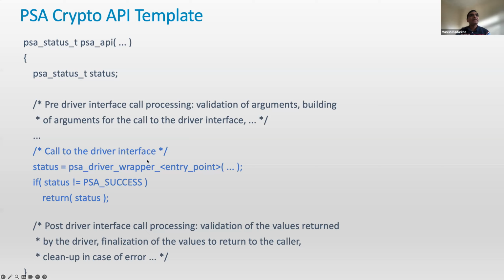Then we call the PSA driver interface, which has this kind of nomenclature. I will go through what exactly this means in the next slide. Then it will do all the cleanup operations once the task is over. So suppose you want to do a hash calculation, then all the hash parameters get tested here, those are passed to this driver, it does the calculation, and then all the cleanup happens at this point.